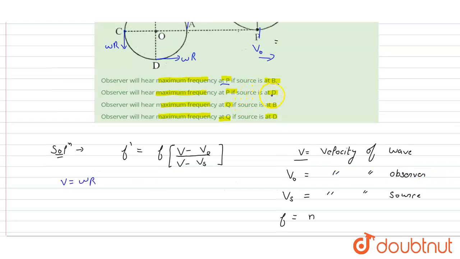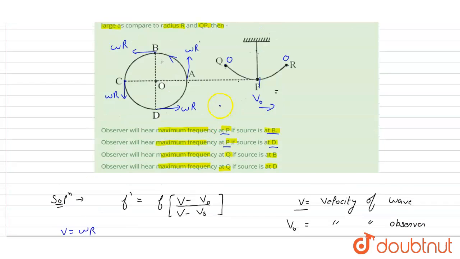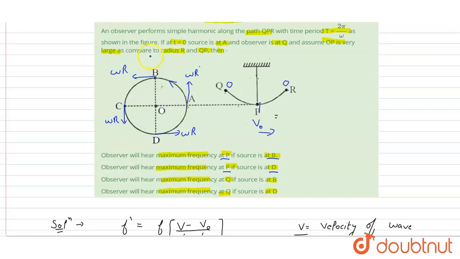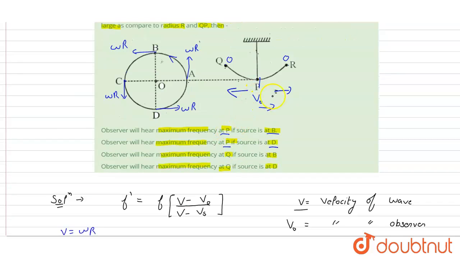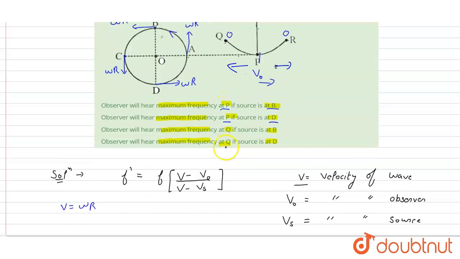Now, in option B, our source is at point D and observer is at point P. When source is at point D, its velocity in this direction is omega r. But when observer is at point P, there are two cases: either it is coming from QR, then its velocity is in this direction, or it is coming from RQ, then its velocity is in the other direction. We have to consider both cases. First we consider that velocity is in this direction.